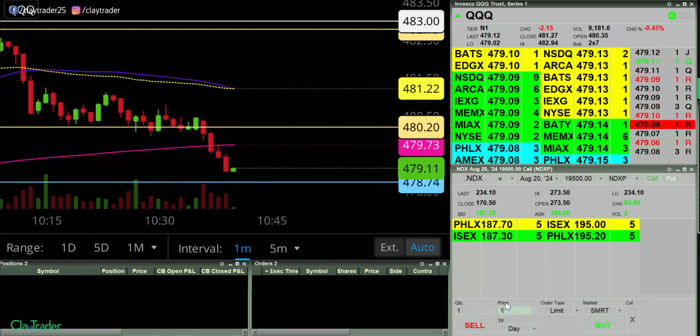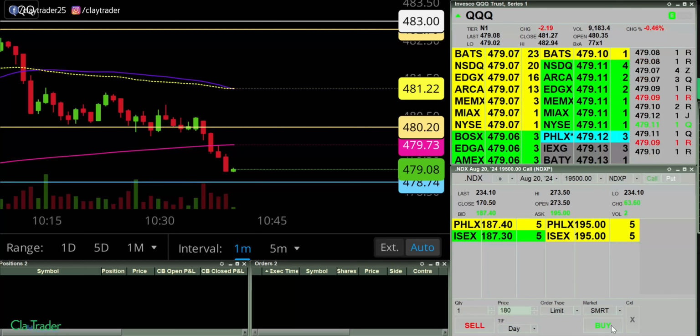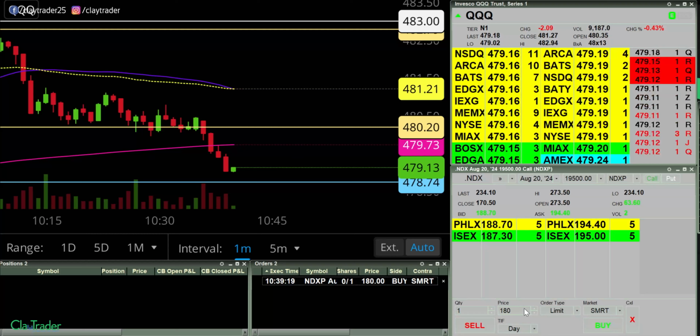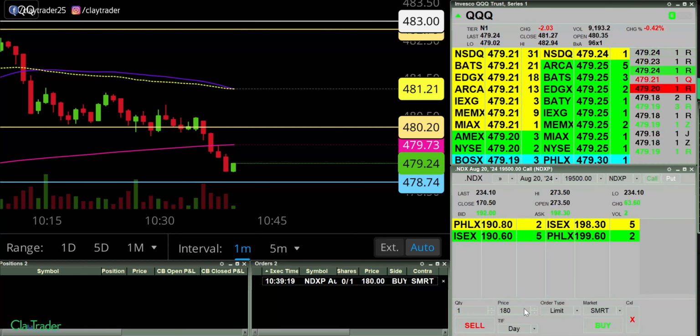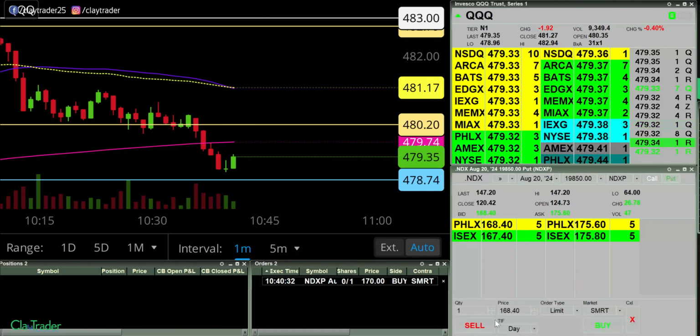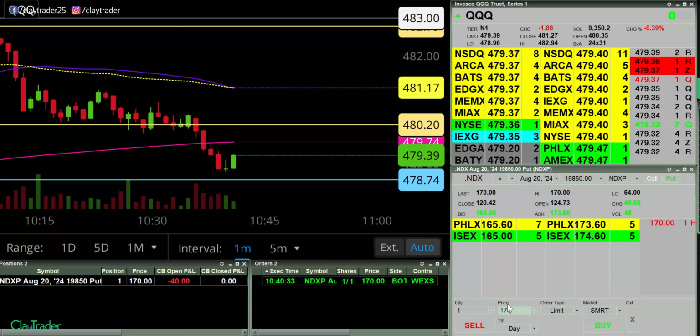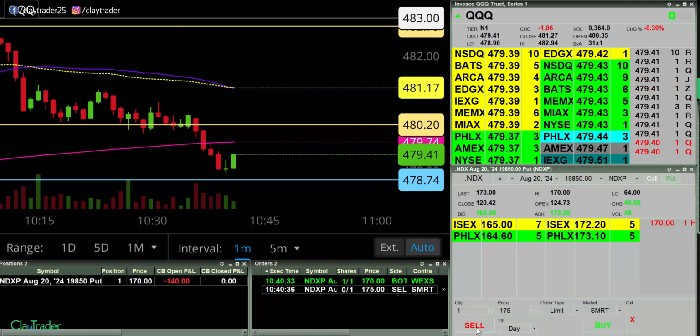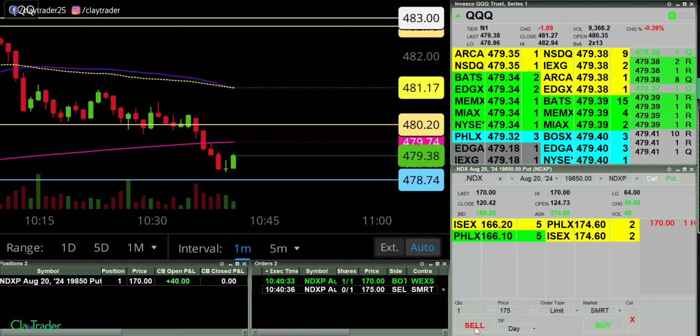No, not 180. Trying to time it up with that blue line. Okay, 180. I will pause. All right, gonna try put here at 170. I got that. Put at 170.